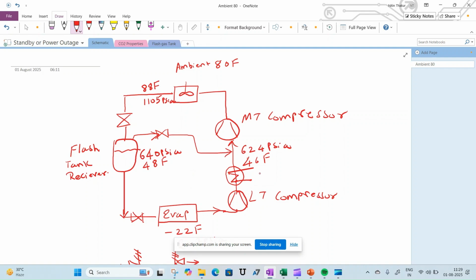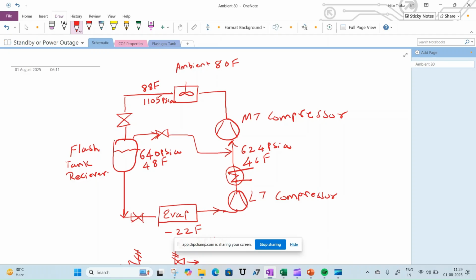Now let's say we want to shut the chiller down, because we don't need this cooling, or the process is not running, or for whatever reason we put this chiller into a standby condition. What happens?